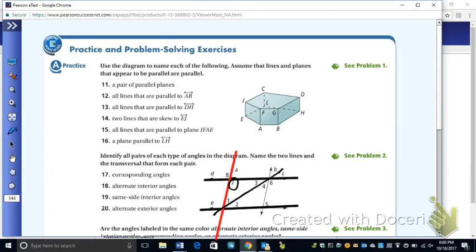Okay, moving on. So I've been thinking about it, and I'm wrong. 7 and 1 are, in fact, same side interior angles, and here's why.